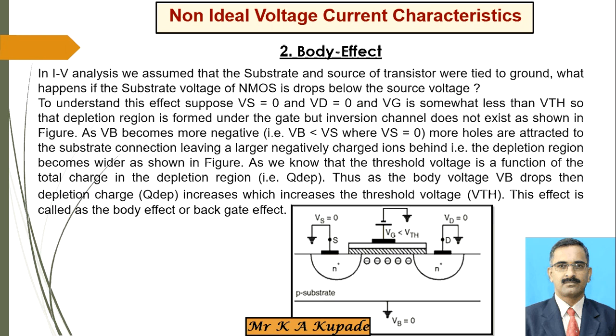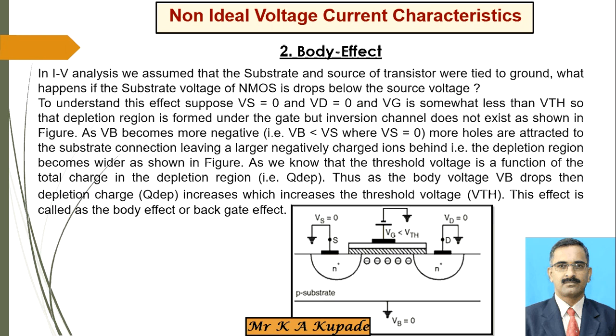So the depletion region is formed under the gate, but the inversion channel does not exist. The depletion layer is formed because of this negative voltage, but the inversion layer is not formed.